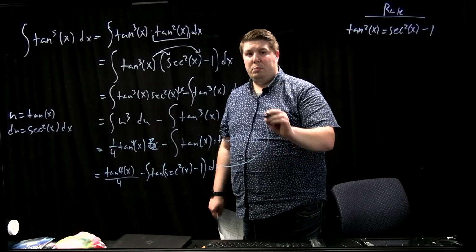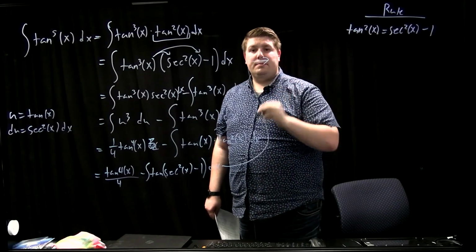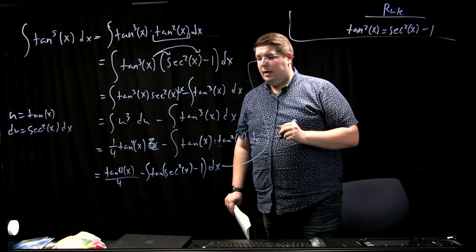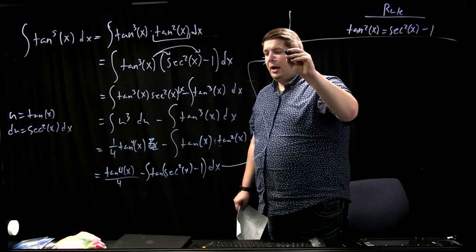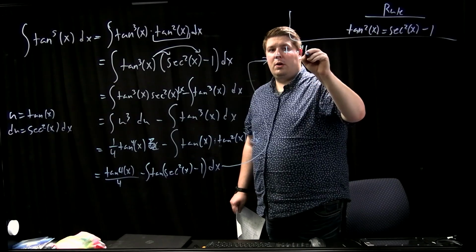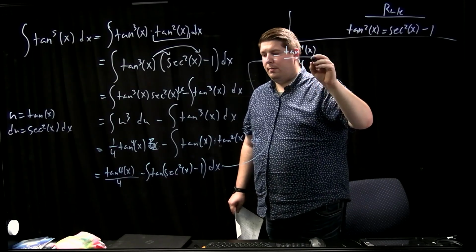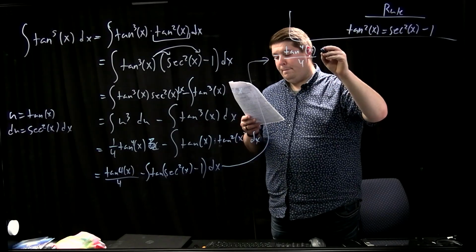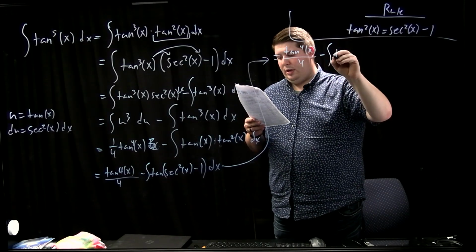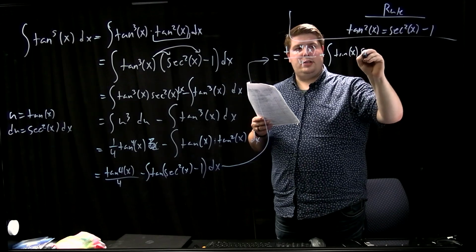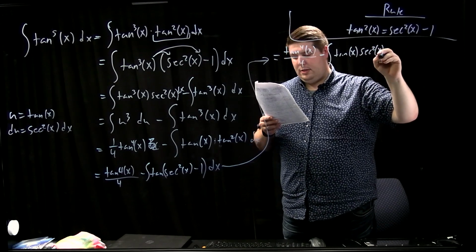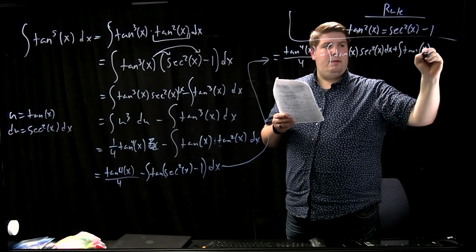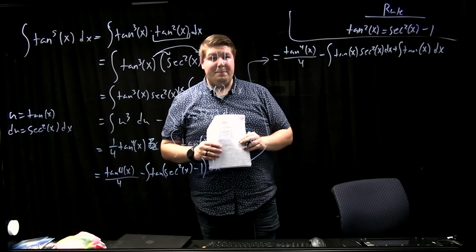And I'm going to move this right here. And so, doing that, what I have is tangent to the fourth of x over 4, and that's going to be minus the integration of the tangent of x times the secant squared of x dx plus the integration of the tangent of x dx. Okay?